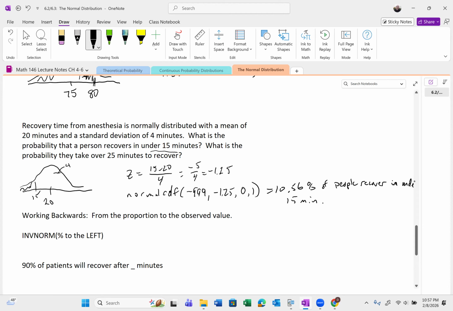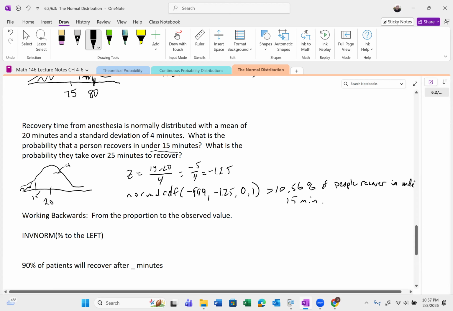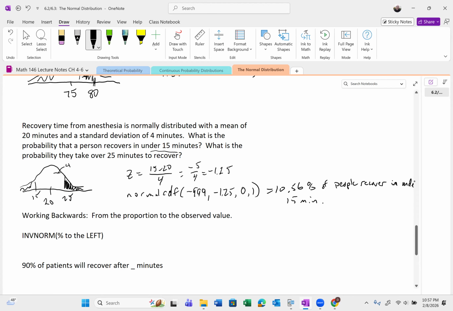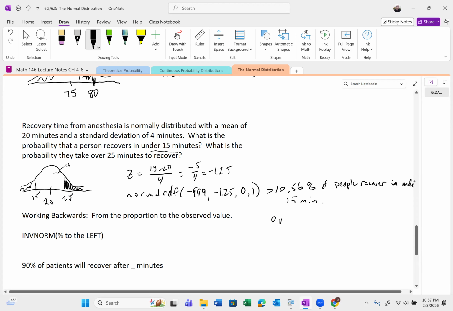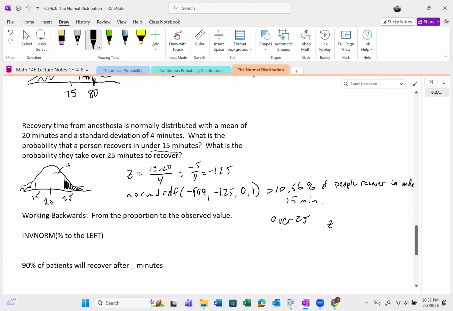Okay. And then if I'm looking at what's the probability that they take over 25 minutes to recover, I'm looking at this area up here. And so if I'm looking at the over 25, I'm going to calculate my z-score the same way. I want to do 25 minus 20 divided by 4. It turns out that's also still 1.25.